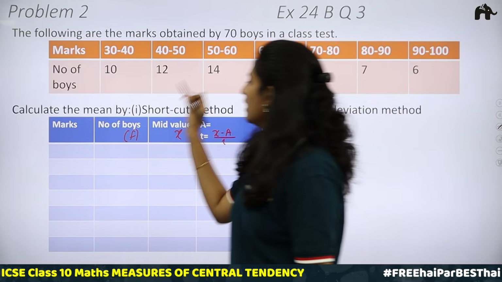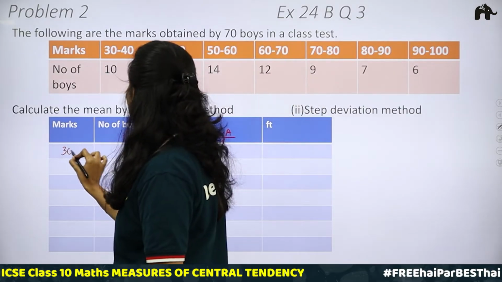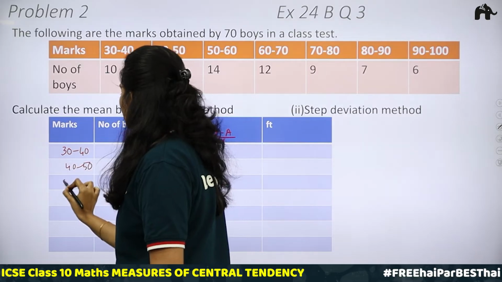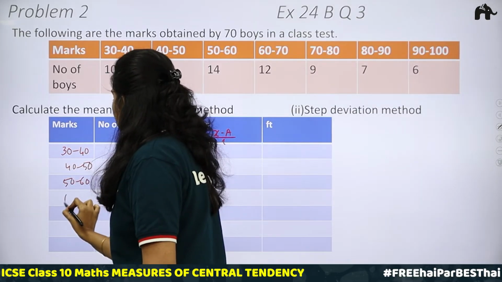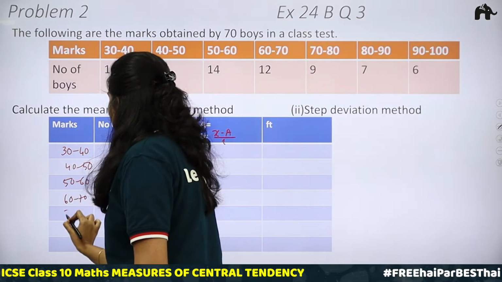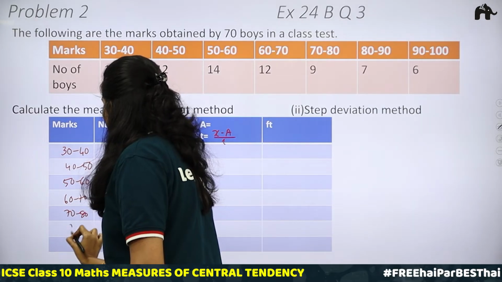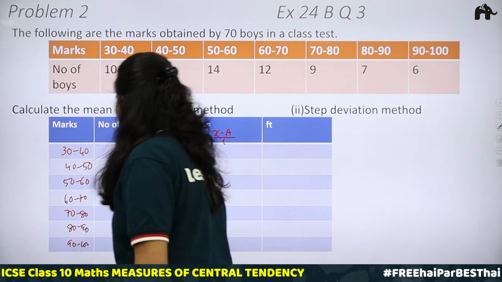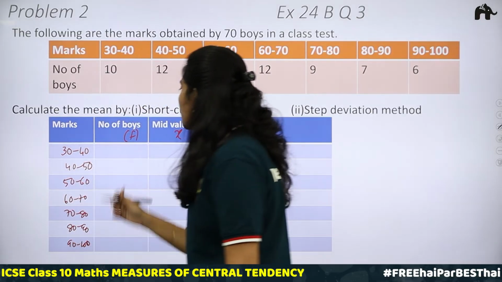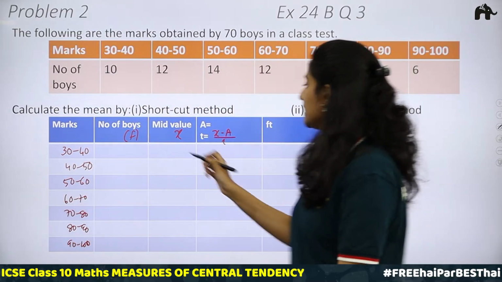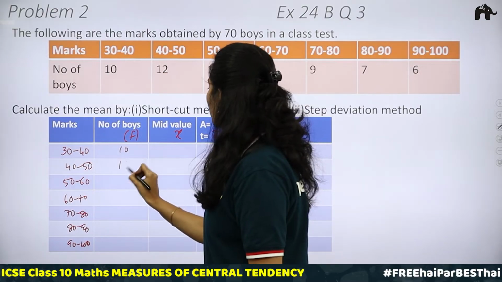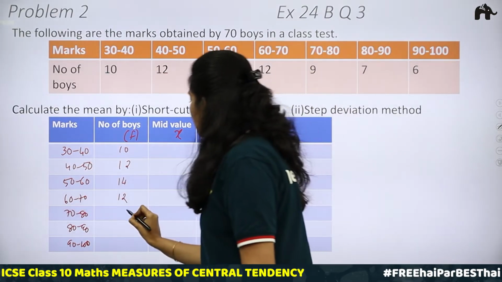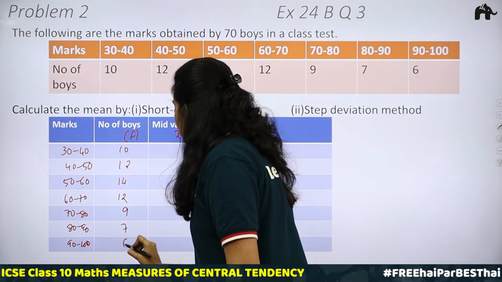So, marks, again we have 30 to 40, 40 to 50, 50 to 60, 60 to 70, 70 to 80, 80 to 90, and 90 to 100. Okay. Number of boys, frequency 10, 12, 14, 12, 9, 7, 6.